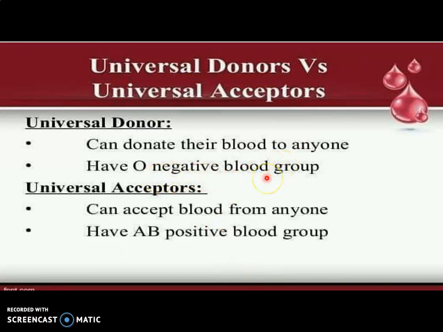O negative is the blood group that can donate blood to any other blood group. When we talk about universal acceptors or recipients that can accept blood from anyone, we are talking about the AB positive blood group. AB positive blood group can accept blood from anyone. These are the two: universal donors and universal acceptors.